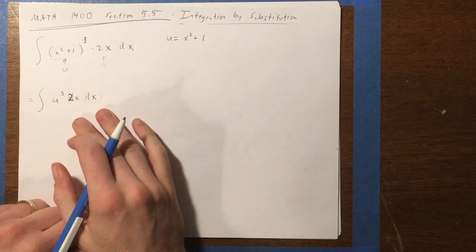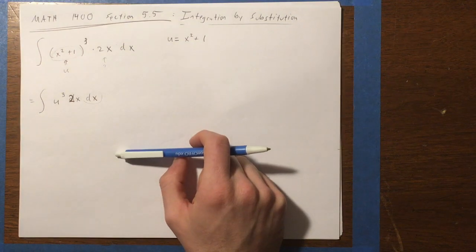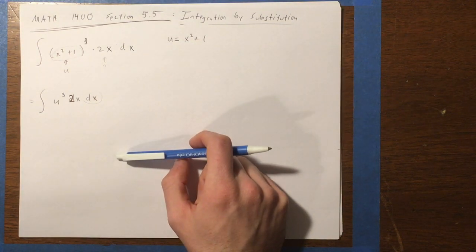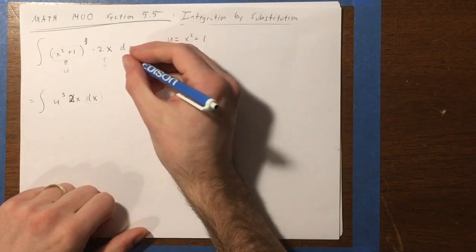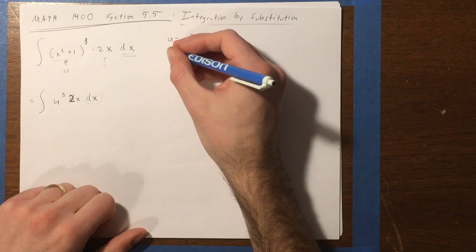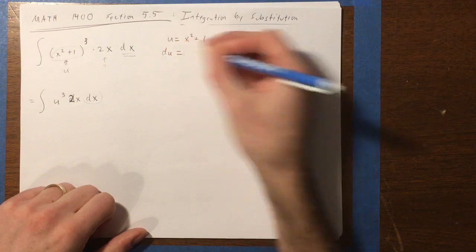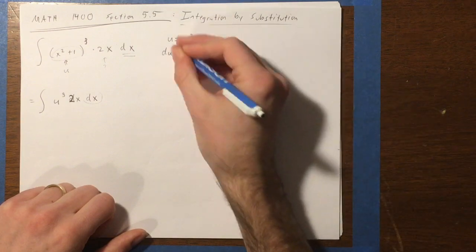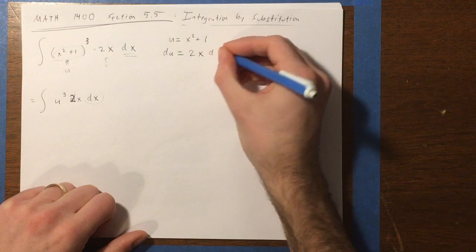Okay, I don't want to have more than one variable floating around. So what I really need to do is simplify this so that I only have one variable. In particular, I need to convert my dx into a du. With u equal to x squared plus 1, I can calculate the differential du by taking the derivative of this with respect to x, which would be 2x, and then multiplying by dx.